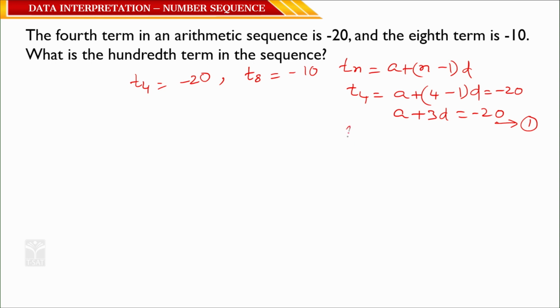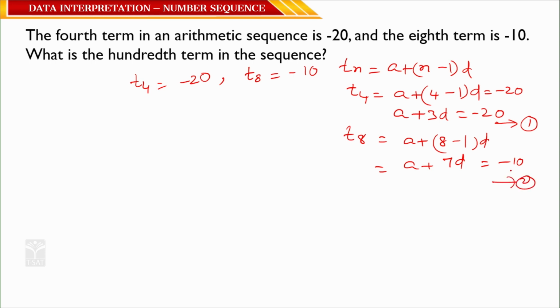Next, T8 means a plus (8 minus 1) d, that is a plus 7d. It is given as minus 10. So, a plus 7d is equal to minus 10. Say this is equation number 2.